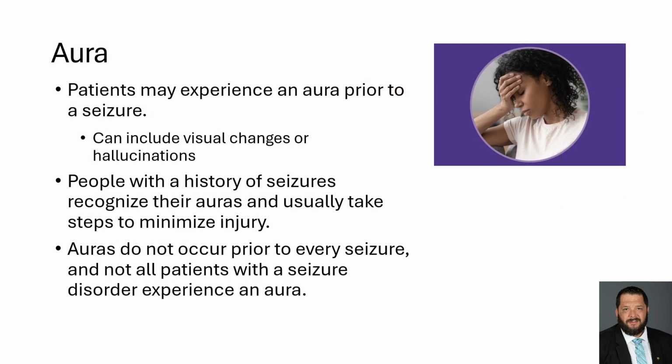Generally, prior to a patient having a seizure, particularly if they have seizures regularly within their life, there may be a period of time just preceding the seizure called the aura. This aura phase can include things like visual changes or hallucinations. The aura phase for the patient is usually different for most every patient, and a patient who has a history of epilepsy will note this aura phase and move themselves to a position to be able to seize.